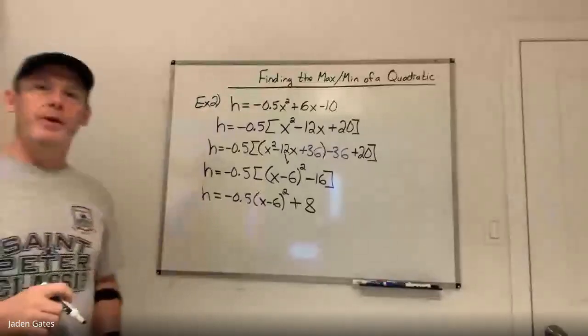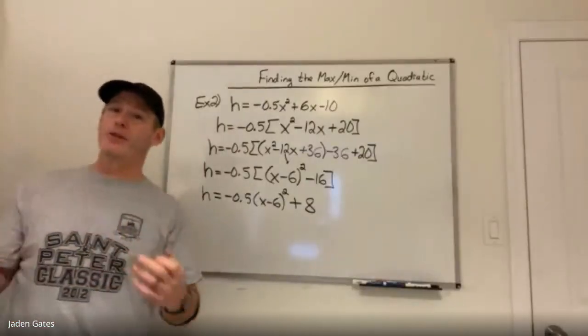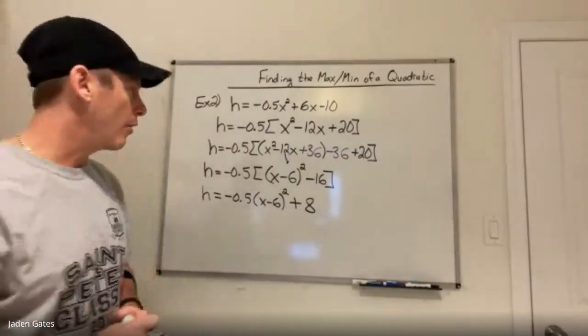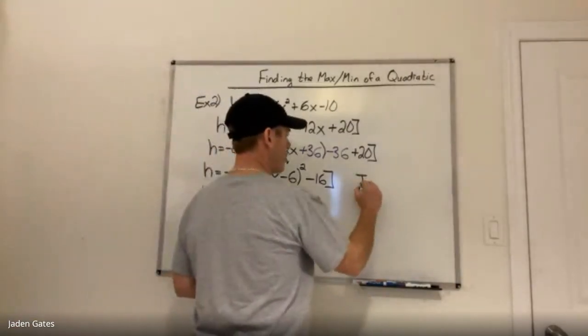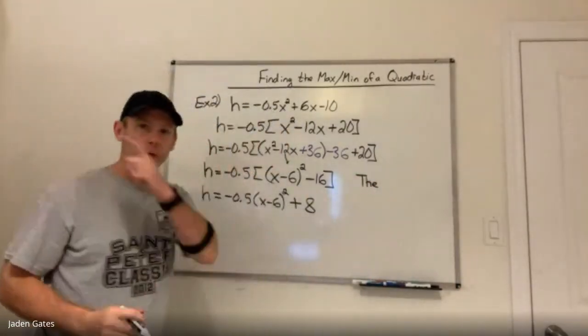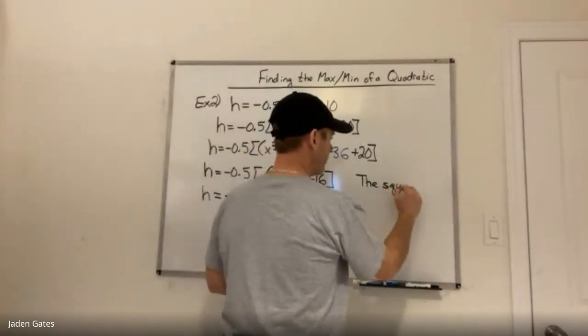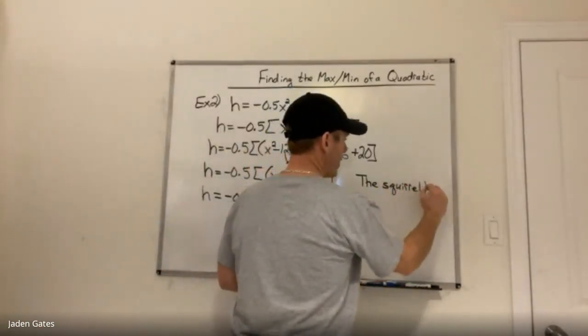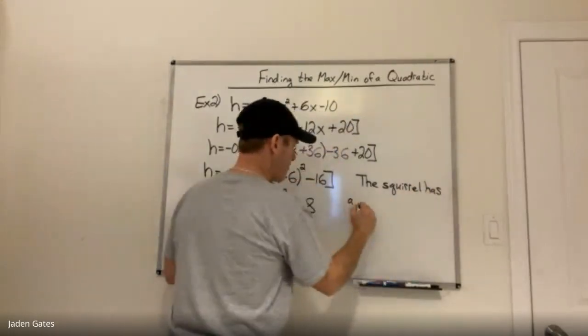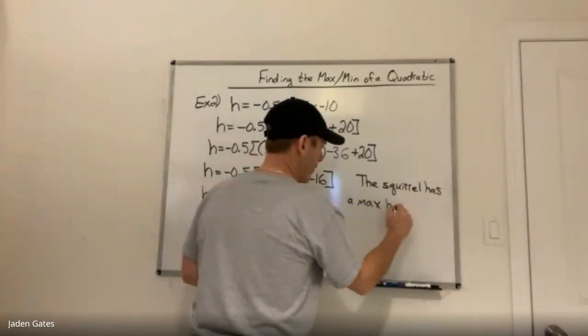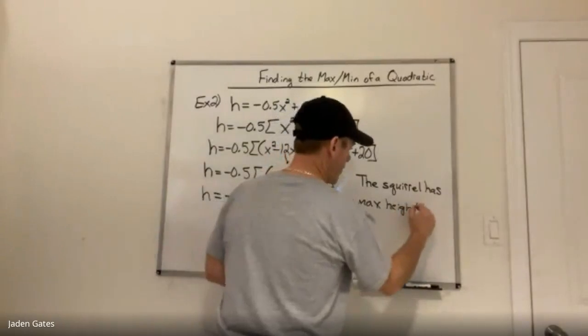And now, because I've completed the square, I can answer the question as long as I know what I'm looking for, right? So because this is a word problem again, you always have to write therefore statements for word problems. All right, so the squirrel has a max height of, now is that even right?